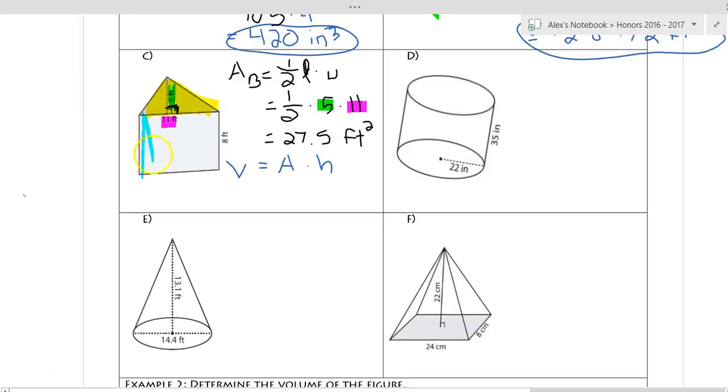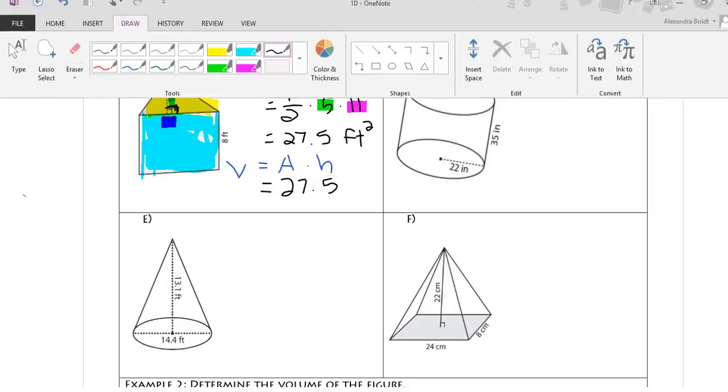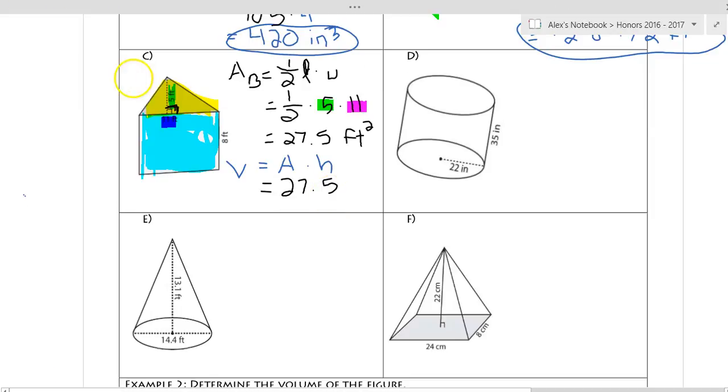I'm stacking a bunch of those on top of each other to get this whole height. So I have 27.5 times 8, and that equals 220, and now it's feet cubed.